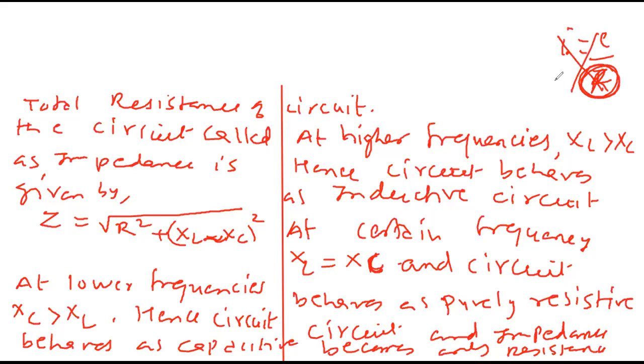Further, total resistance of circuit is called impedance given by Z equals root of R square plus (XL minus XC) square.